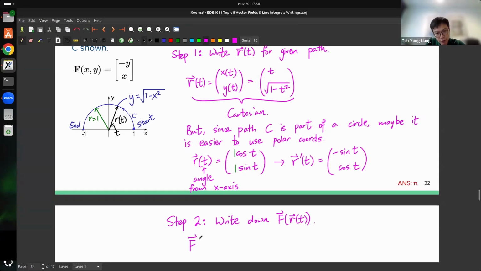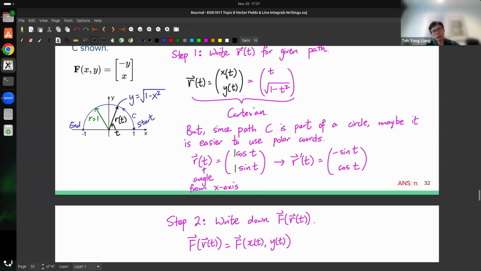F of the vector r of t means you want to evaluate the vector f at all the x, y points along this vector r. So really, this means f of x, but x is x of t, y is y of t. Simple as that.